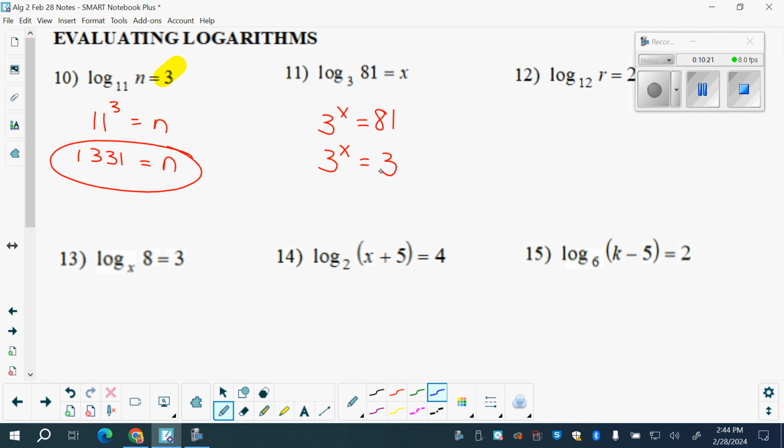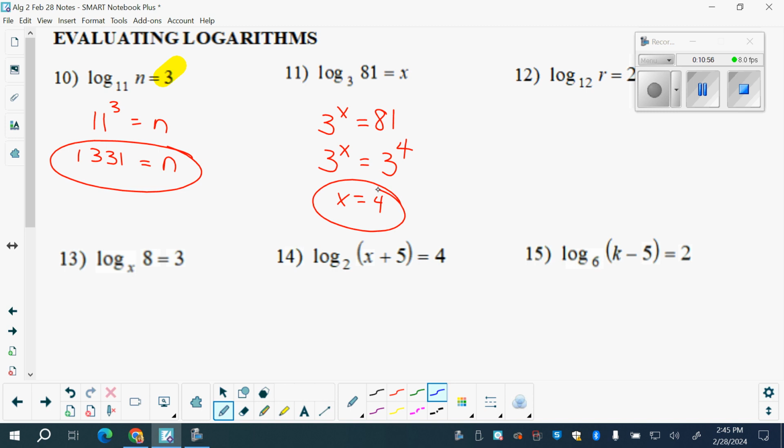Play with it on your calculator. 3 to the 4th is 81. And so then we have x is equal to 4. Does that make sense? Do we have a question back there?